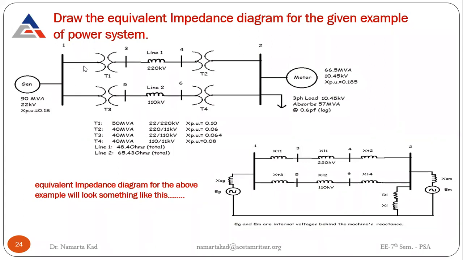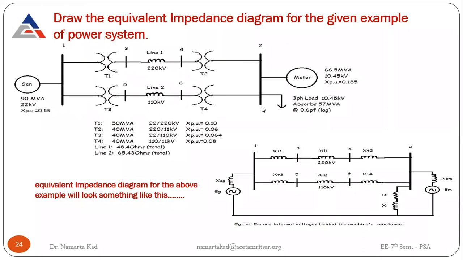There are two transmission lines, line 1 and line 2, and transformer T1 and transformer T2. There is one transmission line of 220 kV. On the second transmission line, transformer T3 and transformer T4 are there, and the rating for the transmission line is 110 kV.